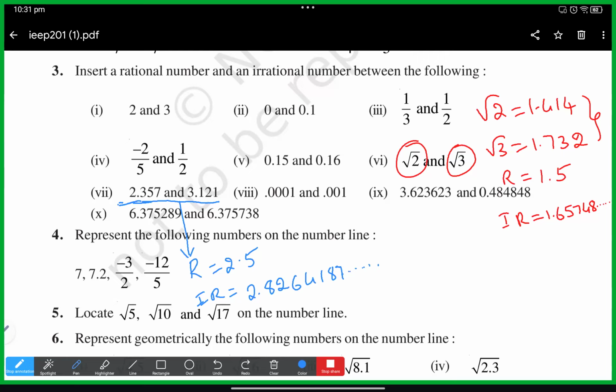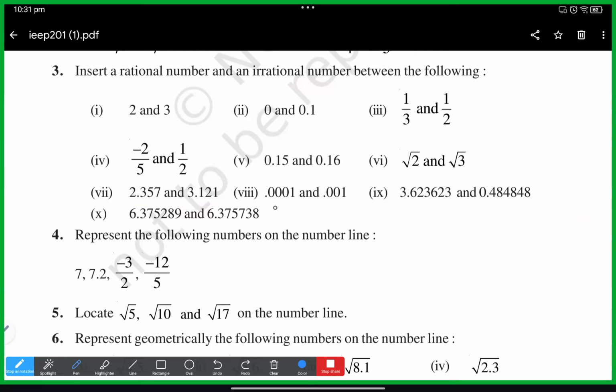We'll finish this question, Pranavi. 8th, 9th, 10th. Okay, sir.